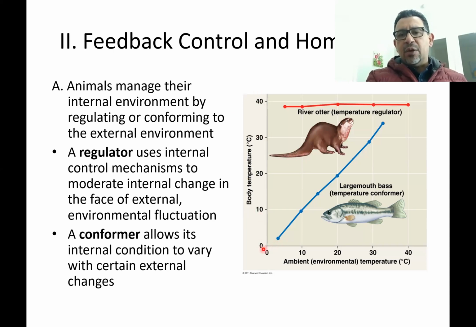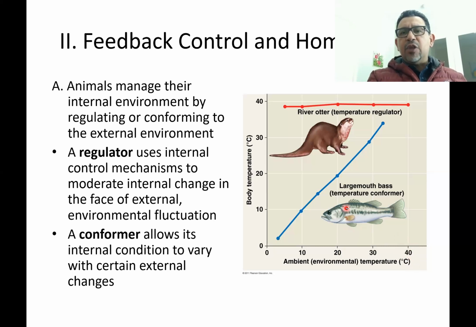On this horizontal axis or x-axis, what we're going to see is going to be the temperature of the environment. Again, we're going to be going from 0, which is going to be the freezing point of water, to above 40 degrees Celsius. And just for you to have a reference how hot or how warm 40 is, our body temperature is around 37 degrees Celsius. So 40 is going to be definitely warm.